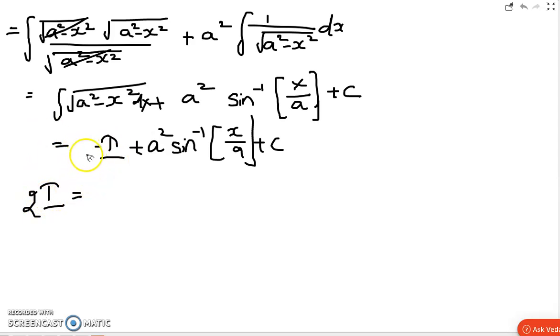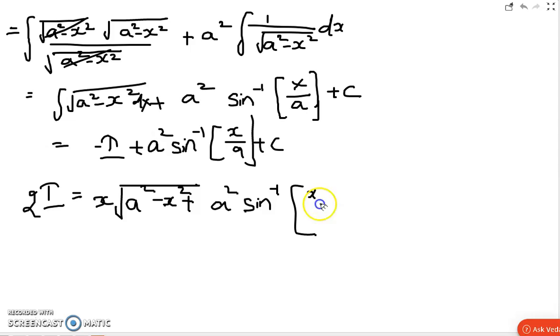2I is equal to x into root of a square minus x square, which we did last, plus a square sine inverse x by a, plus c. Just send this 2 down.